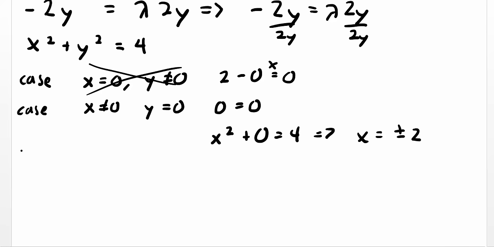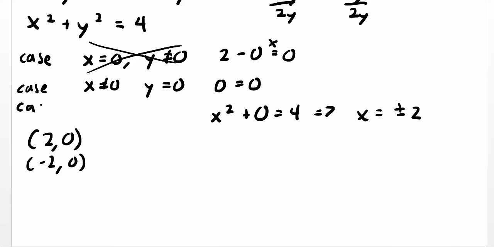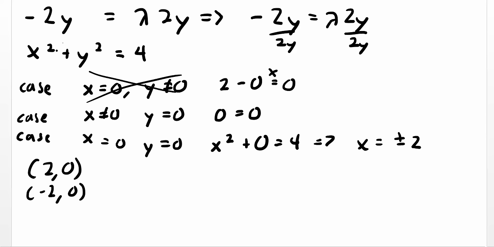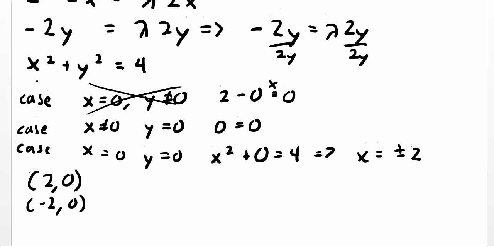So we do get a few critical points. Actually, these are not critical points, but we do get a few test cases: 2, 0, and negative 2, 0 that we'll have to check later on. And then finally, the case where x equals 0 and y equals 0, well, that's not possible, because if you look at the third equation, it would become 0 equals 4, which is clearly false. So that takes care of these 3 edge cases.